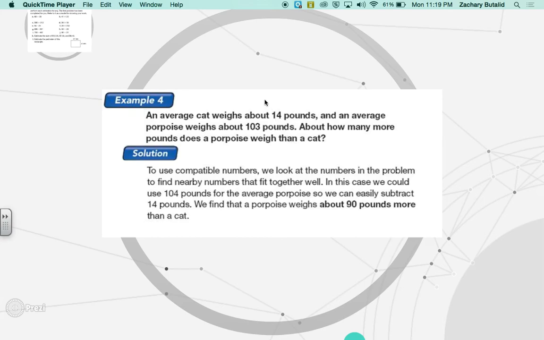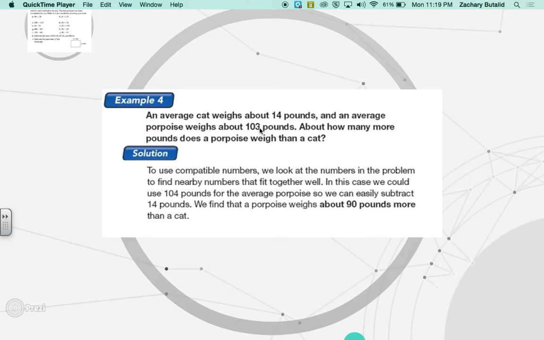All right, and that's how you use compatible numbers. In this case, when it asks for compatible numbers, you look for numbers that work together well to form zeros. Okay, and that's how you can use compatible numbers in this case.